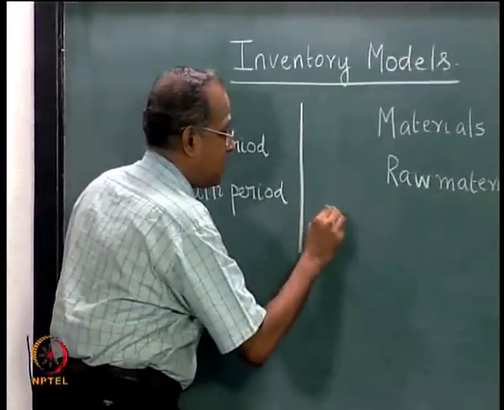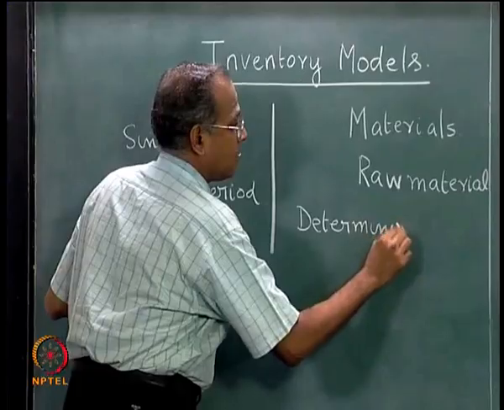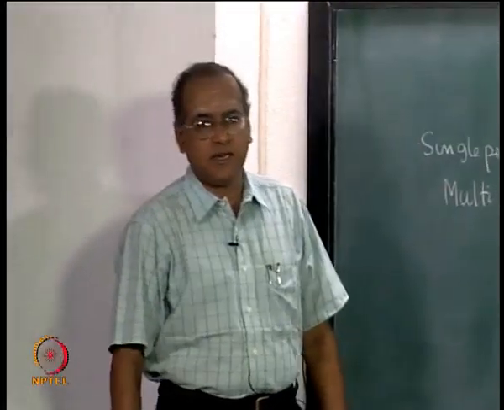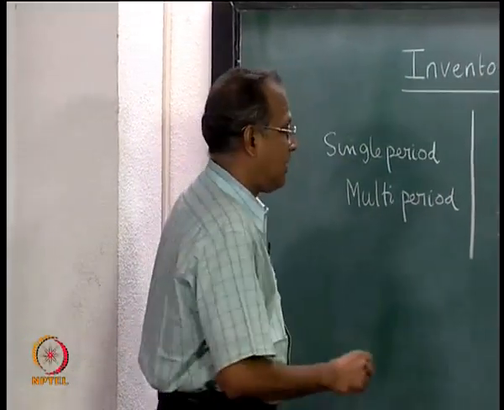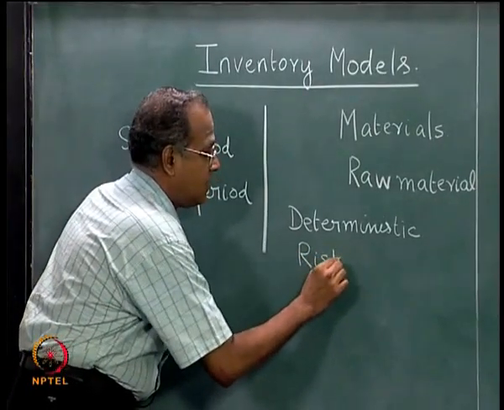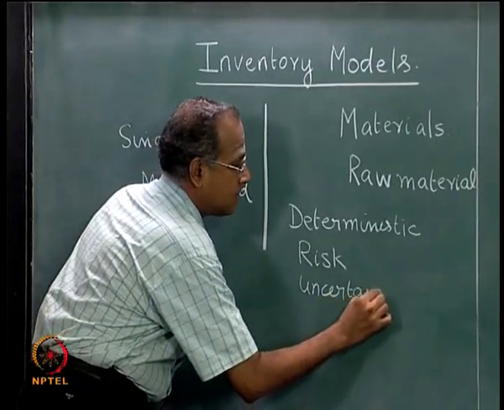One is called deterministic demand, the other is probabilistic demand, and within the probabilistic demand we have two classifications. One is called inventory under risk, the other is called inventory under uncertainty.